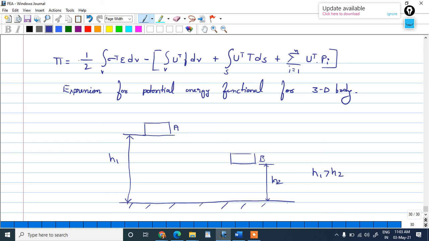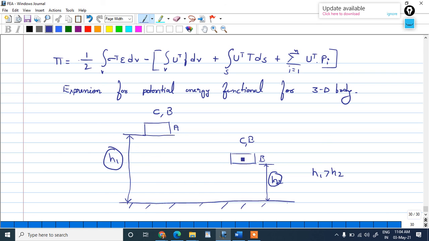Same way, the given problem will be satisfying two conditions: the compatibility condition and the boundary condition, and both bodies are satisfying these two conditions. Now when we check, out of these two bodies, the body which has minimum potential energy is B. How? Here we can understand that the height plays the primary role. So the potential energy will be more for A than B, and the minimum potential energy is what it states.